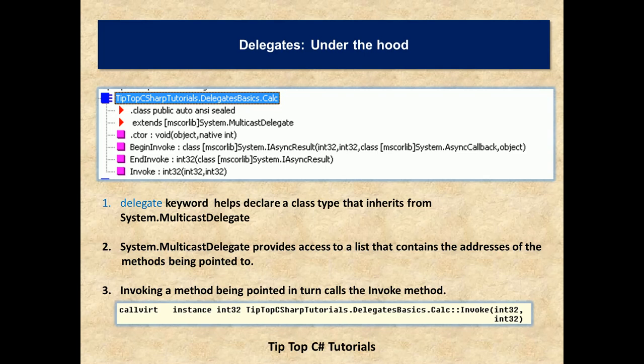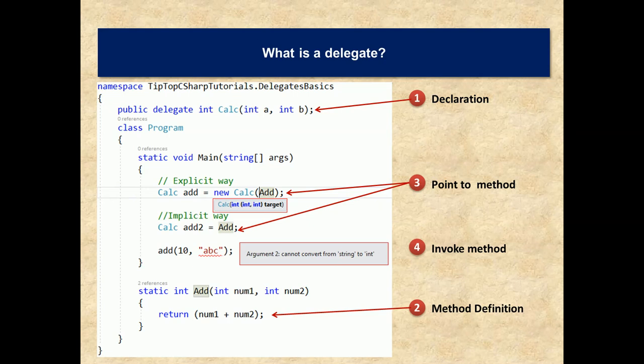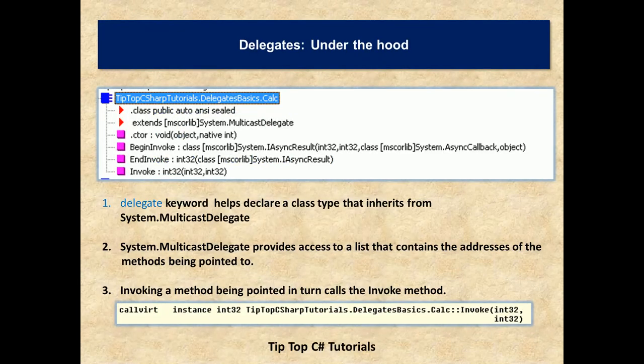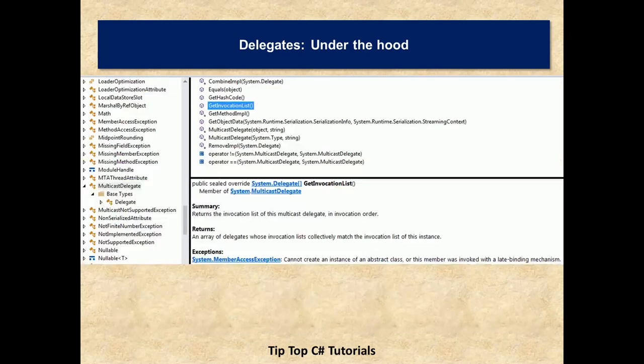For example, in the disassembled code, when you invoke the earlier delegate, step number 4, the add delegate invocation, is converted in the IL disassembler, as you see in the third step, to a callvirt instance int32 TipTopCSharpTutorials.DelegatesBasic.Calc::Invoke, with two parameters being passed. So that's how the delegate keyword has been translated into MSIL code and how the underlying mechanisms perform.